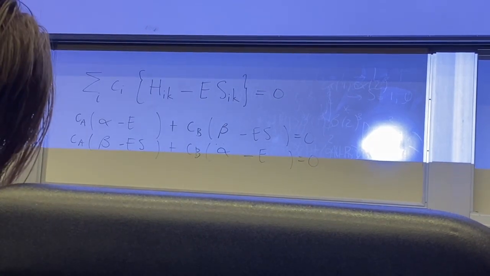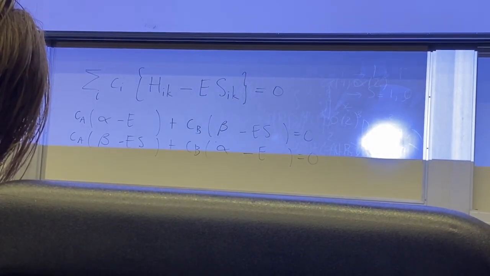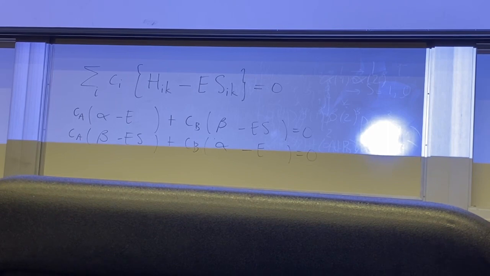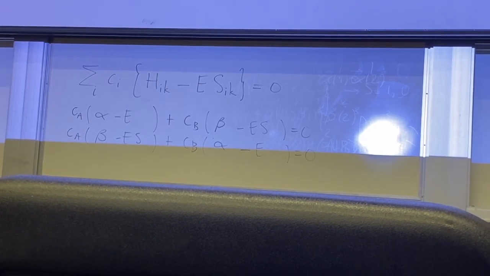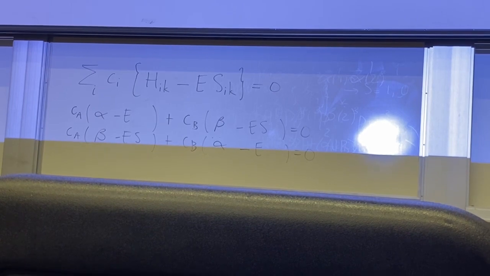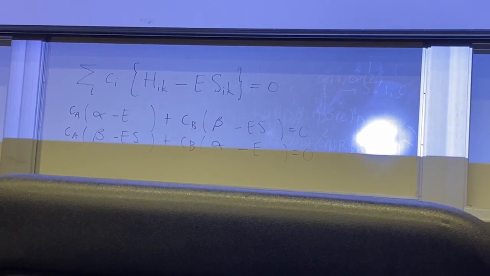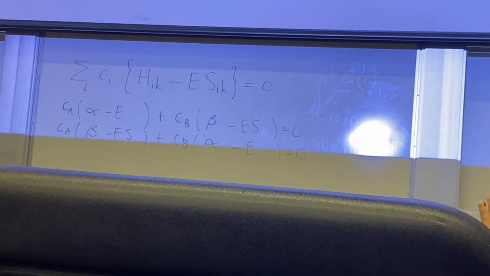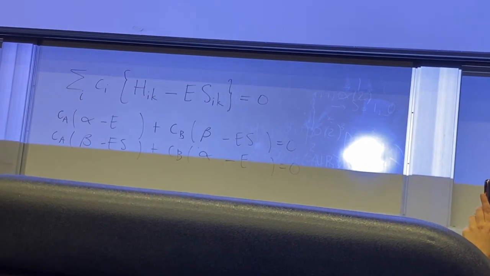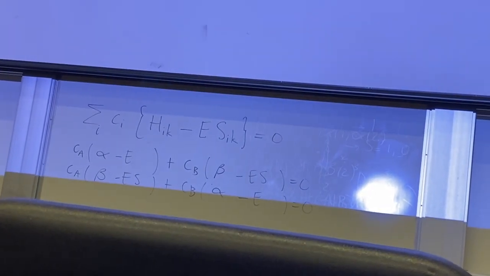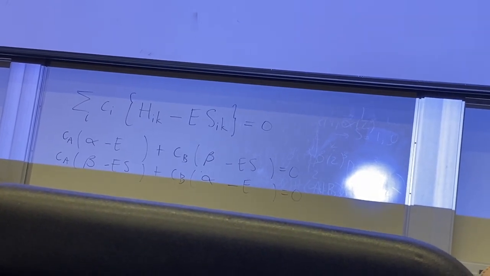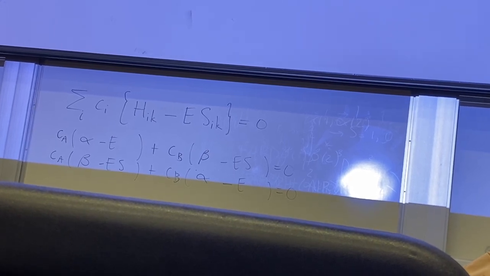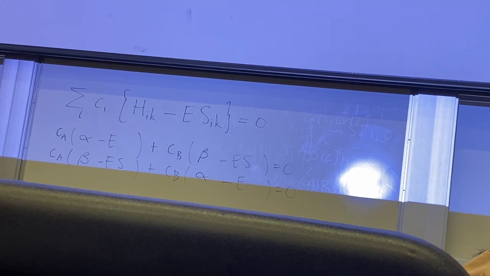I simply get alpha minus E plus beta minus ES equals 0. If I rewrite that in terms of E, I see this, which means that E equals alpha plus beta over 1 plus S. This is the energy of the bonding orbital.